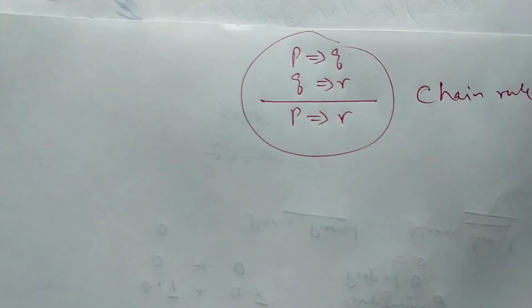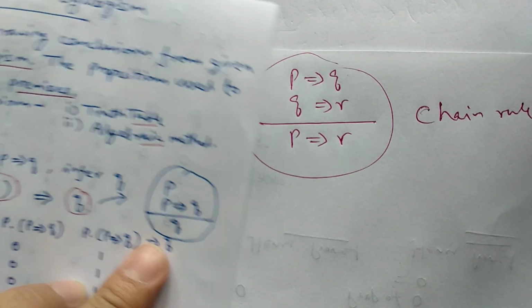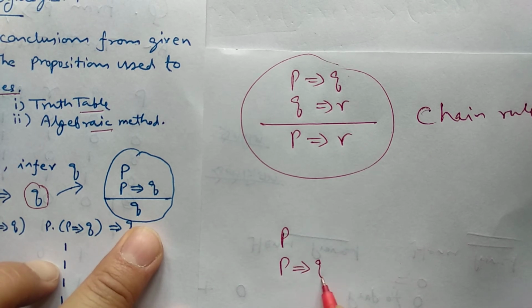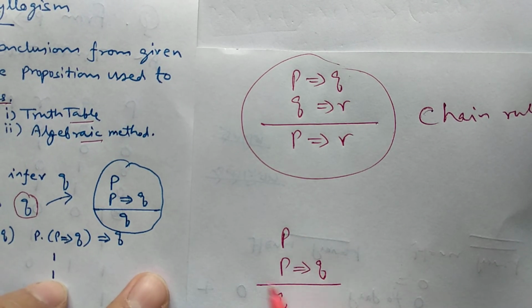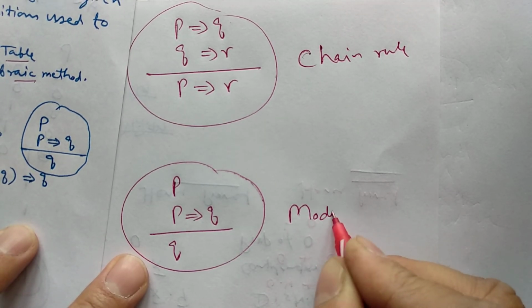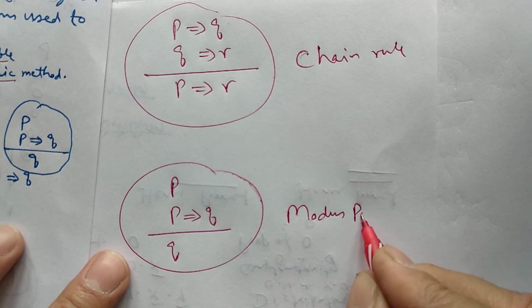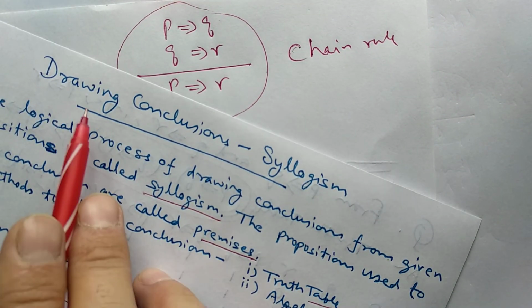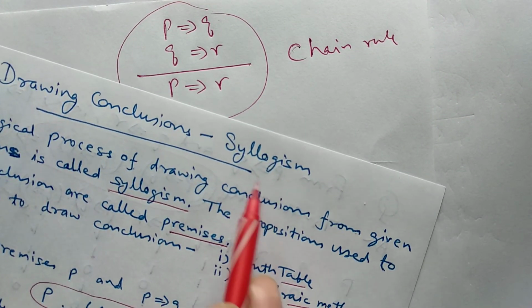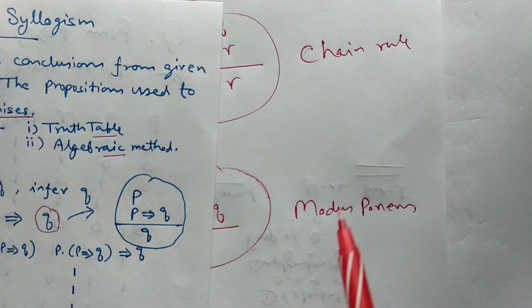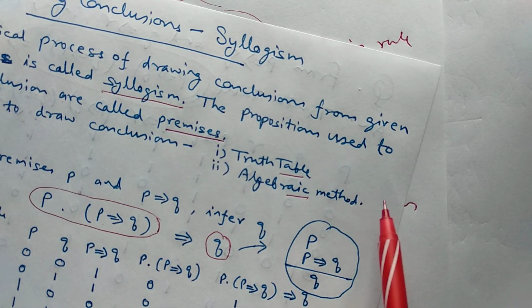And the earlier rule we verified is P implies Q, P, infer Q, and this is called Modus Ponens. So you have seen, by drawing conclusions with the syllogism method, we have verified these two, the chain rule and the Modus Ponens rule, using both techniques, truth table and algebraic method.